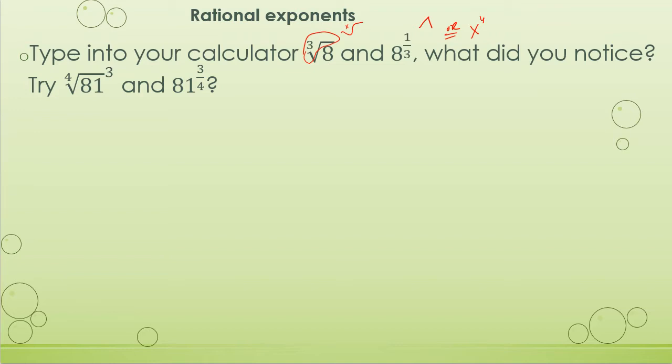If you're still not sure about how to use your fraction button, you're going to want to enter it like 8, exponent button, bracket, 1 divided by 3, close bracket. So again, take a moment, try to figure out your calculator, type in both of those, just like you see it, and pause it. When you come back, we'll take it up.